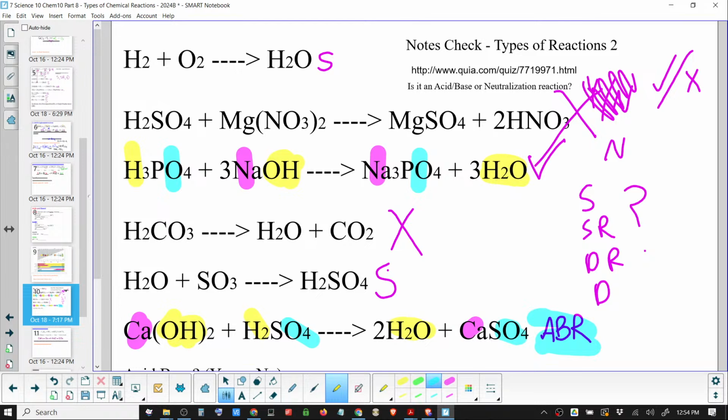Now I didn't ask right away, but everybody started doing it anyway. This is a synthesis reaction, so you have 2 things going to 1 thing. This person did it correctly. They were just supposed to say it's not an acid base. It's not. It does have an acid though, but it actually has an acid on both sides. So it's a little weird.